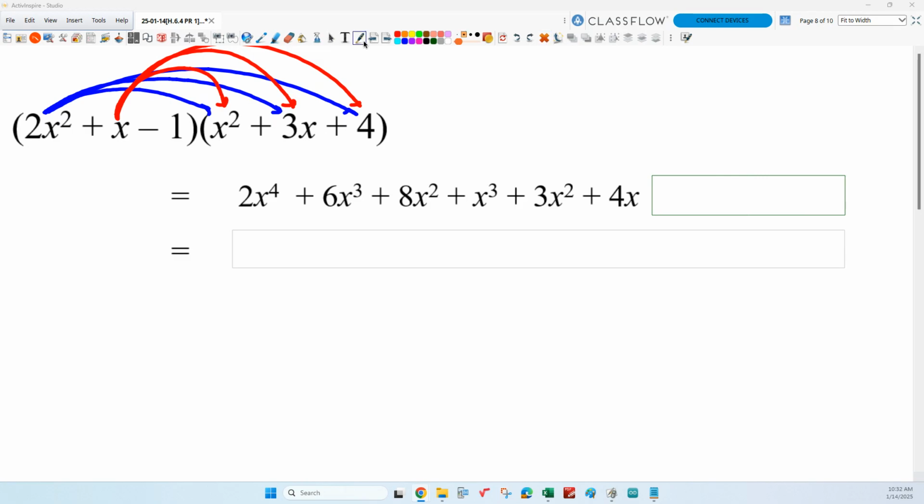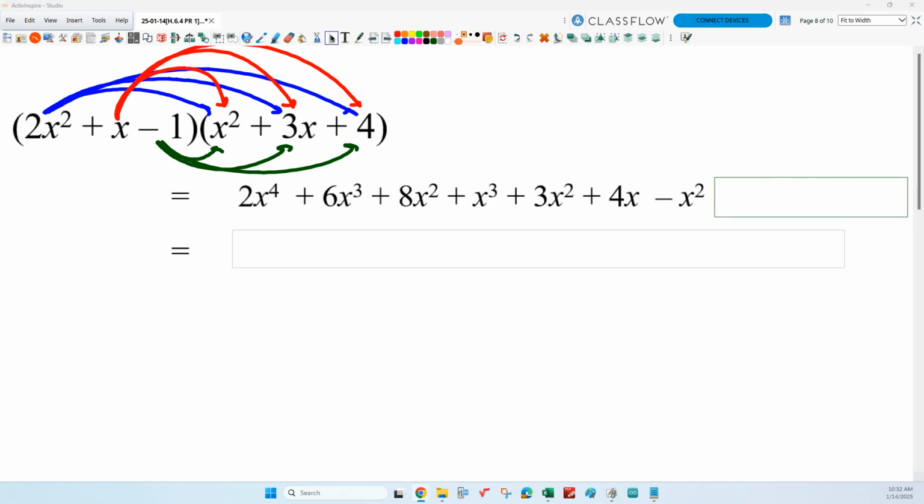And then finally, I distribute the negative. Distributing negative 1 really just does what? It just flips the signs of the second polynomial, right? So I'm going to get negative x squared minus 3x minus 4.